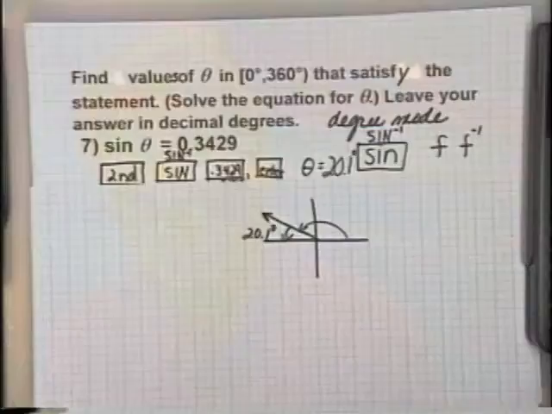It is the first quadrant angle that has a sine equal to 0.3429. It is also the reference angle for the second quadrant angle that has a sine equal to 0.3429. So let's go back and figure which second quadrant angle has a reference angle of 20.1.